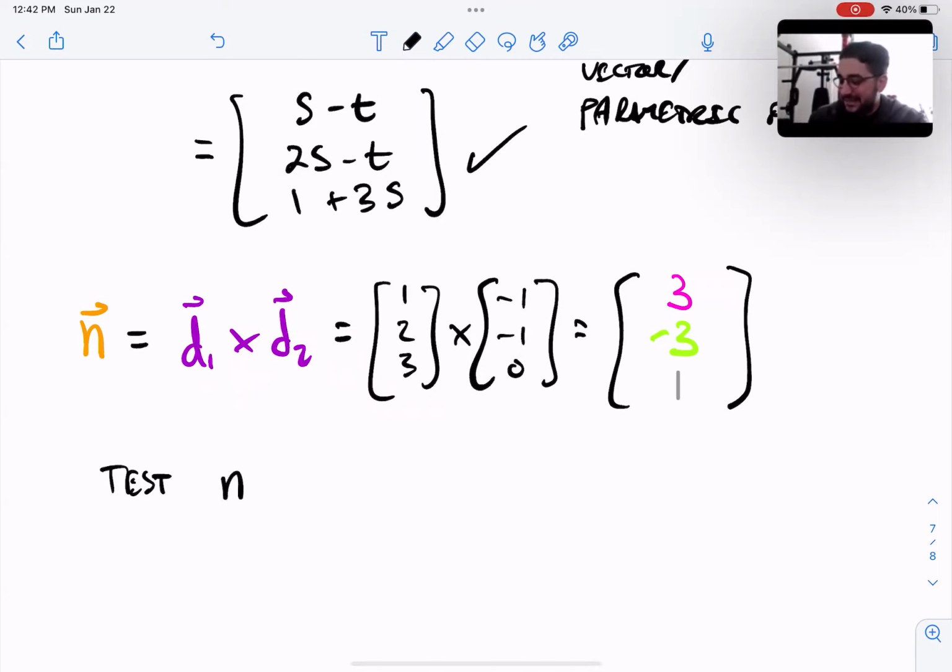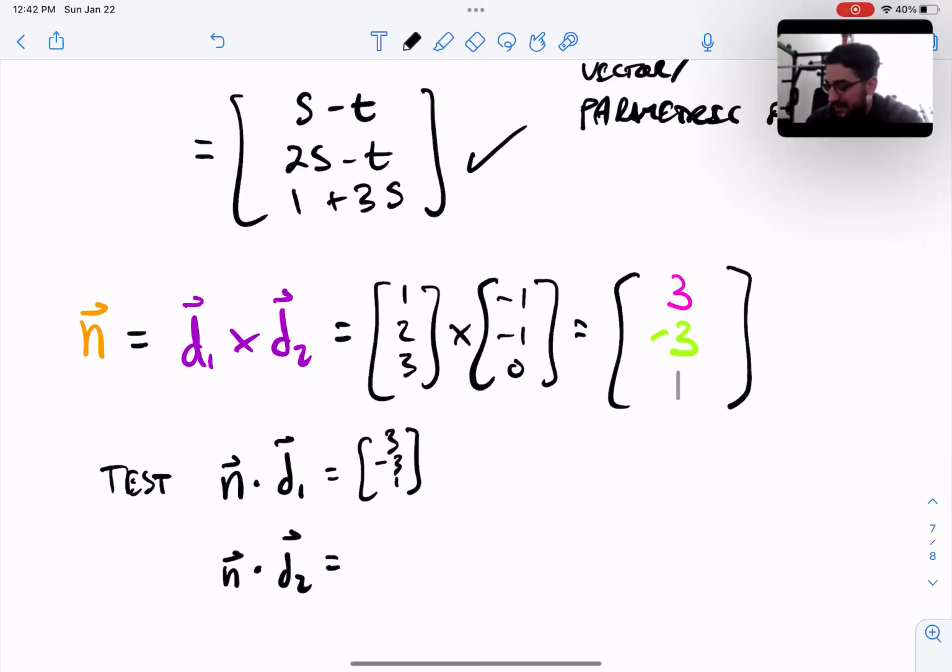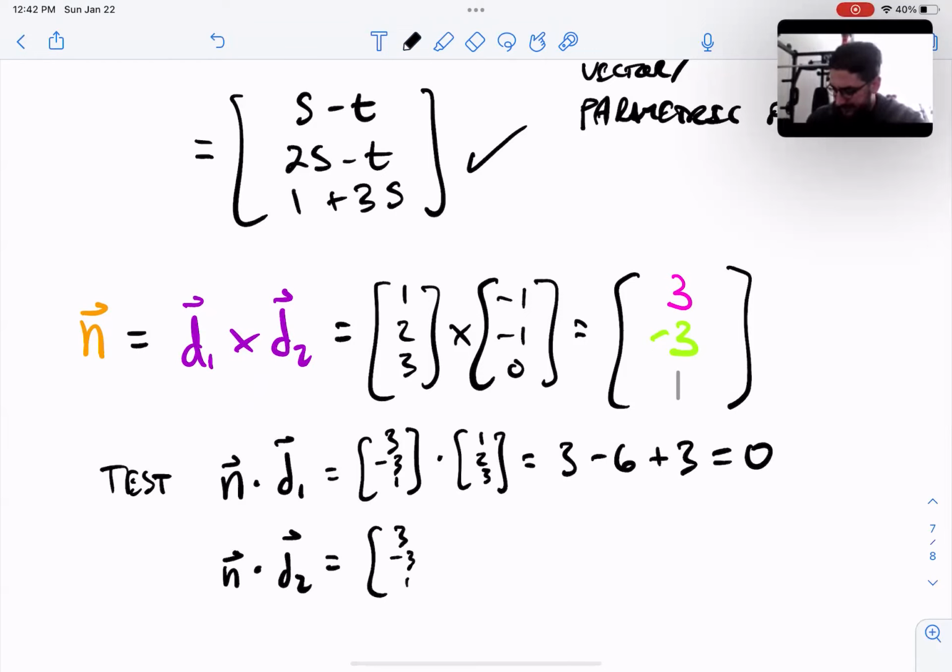So test that: is n dot d1 zero? And is n dot d2 zero? Make sure that those are zero. If they're not both zero, then you did it wrong. Go check your cross product, right? But even here, if you test it out, it pans out. This is going to be zero, and this is going to be zero.